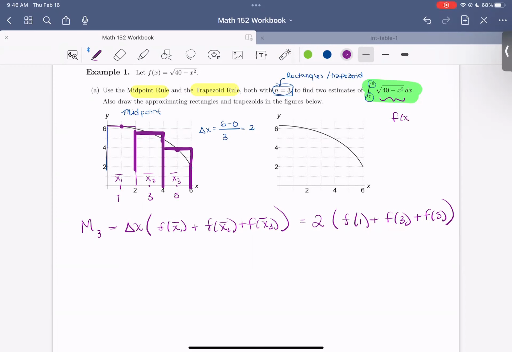We'll call this f of x, the square root of 40 minus x squared. So what does that become? That becomes 2 times the square root of 40 minus 1 squared, plus the square root of 40 minus 3 squared, plus the square root of 40 minus 5 squared.